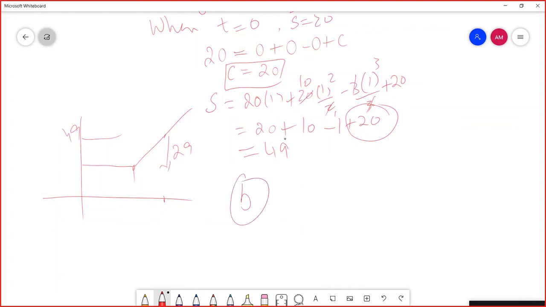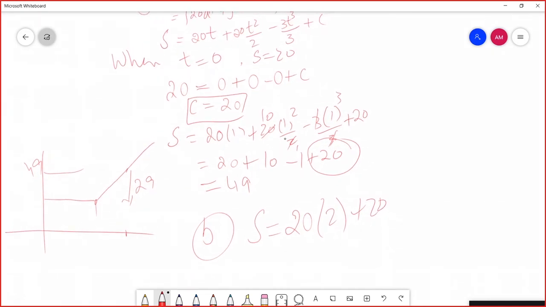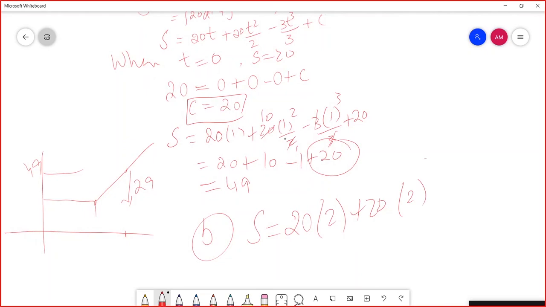B is the cars sold in the second week. What would be that? S is equal to 20 times 2 plus 20 times 2 squared over 2 minus 3 times 2 cubed over 3 plus 20, right?